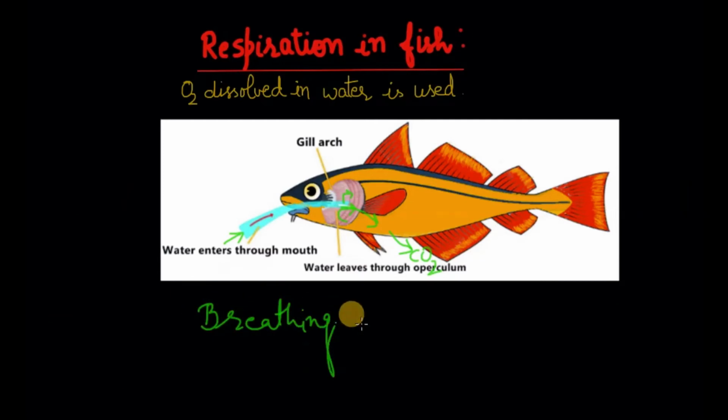Their breathing rate is very high as compared to that of terrestrial organisms, because the amount of oxygen is always less in water than in air. So breathing rate is always high in aquatic organisms like fish.